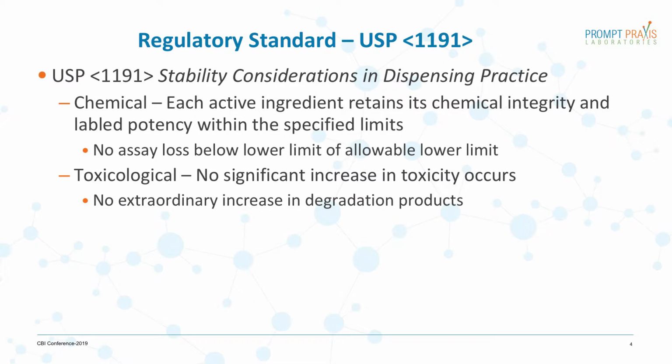Toxicologically, we interpret that into no extraordinary formation of degradation products and a retention of potency, obviously, because often there's a trade-off. If you lose the active component, then you typically see an increase in some degradation components. So we want to make sure that we don't have an extraordinary increase.